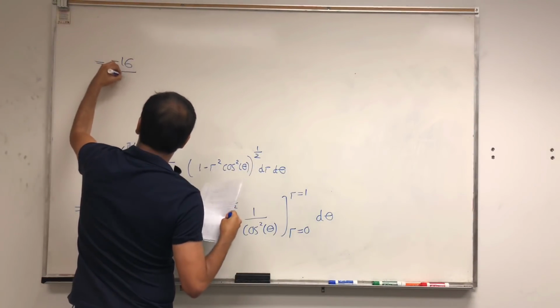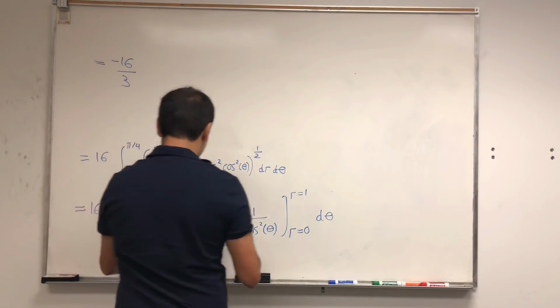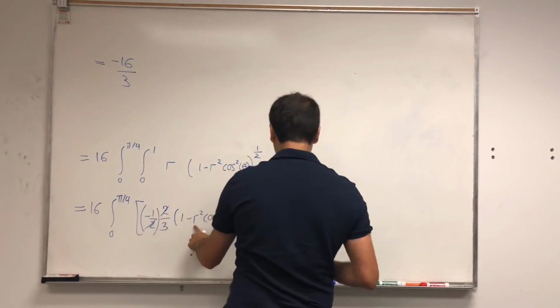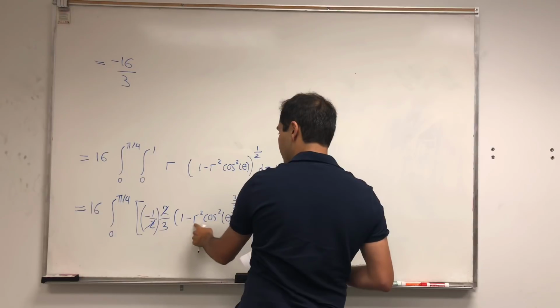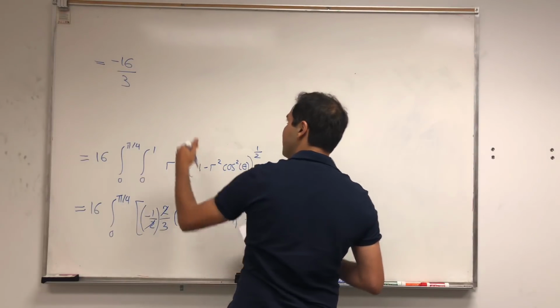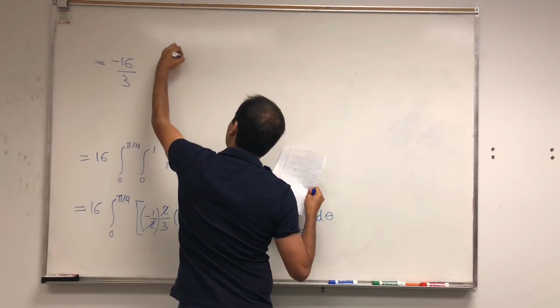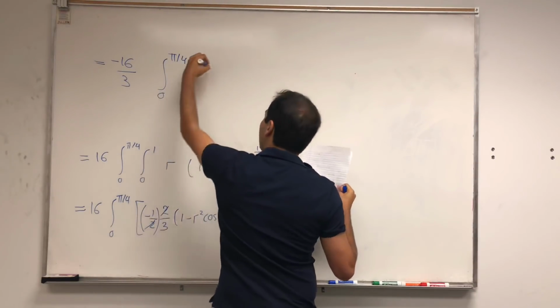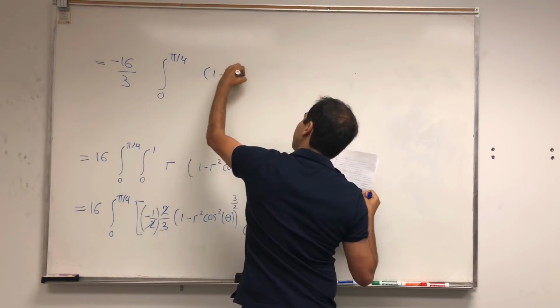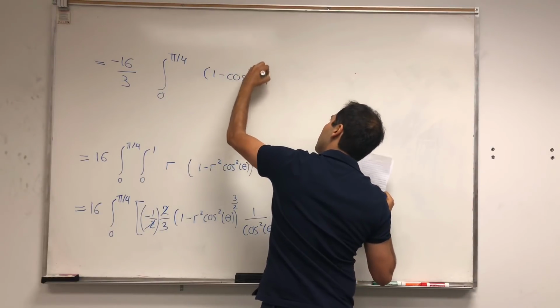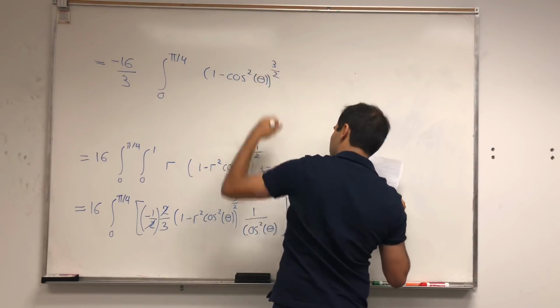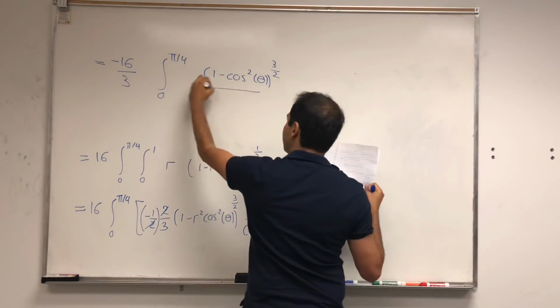So that becomes -16/3, okay? And then, if you plug in r equals 1 here, you get 1 minus cosine squared theta to the 3/2, integral from 0 to pi over 4, and you divide by this cosine squared theta.